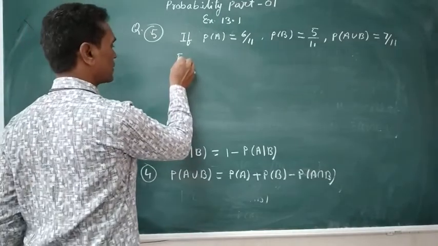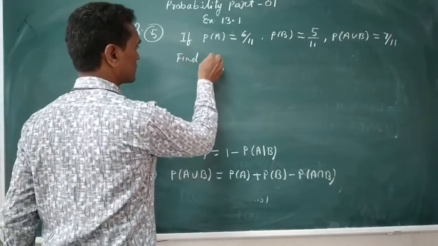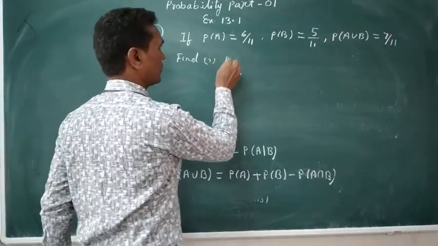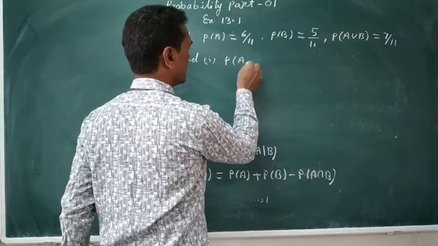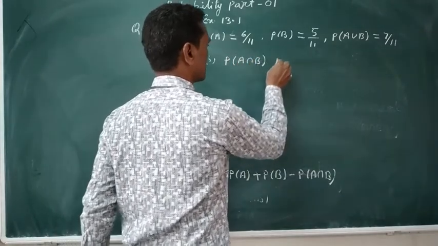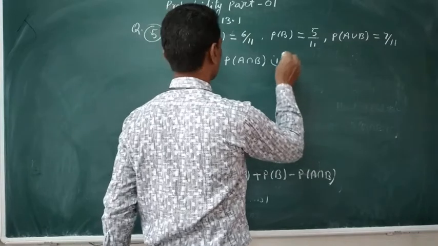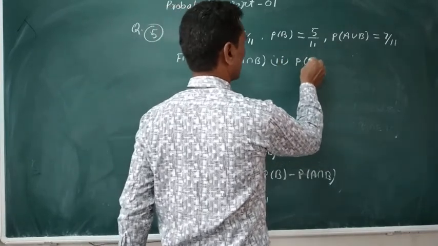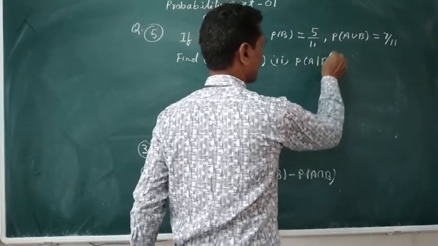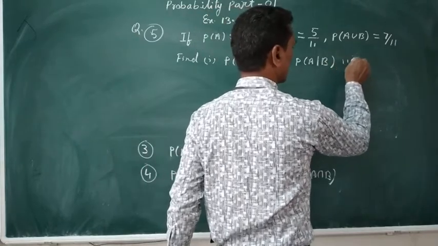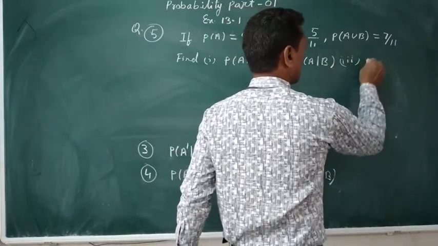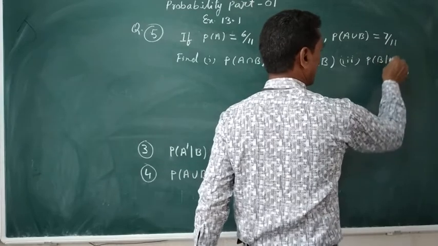Then find: the first part is probability of A intersection B, the second part is probability of A given B, and the third is probability of B given A.